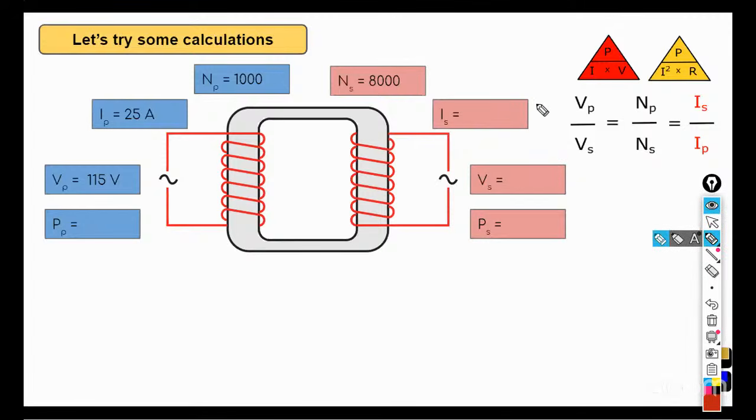You have to find the current on the secondary side, the voltage on the secondary side, the power on the secondary side, and also the power on the primary side. Please get started. I should probably give you a little bit more than 5 minutes because you have to draw the diagram. Take about 8 minutes to draw and get all four answers and send the answers on the chat.